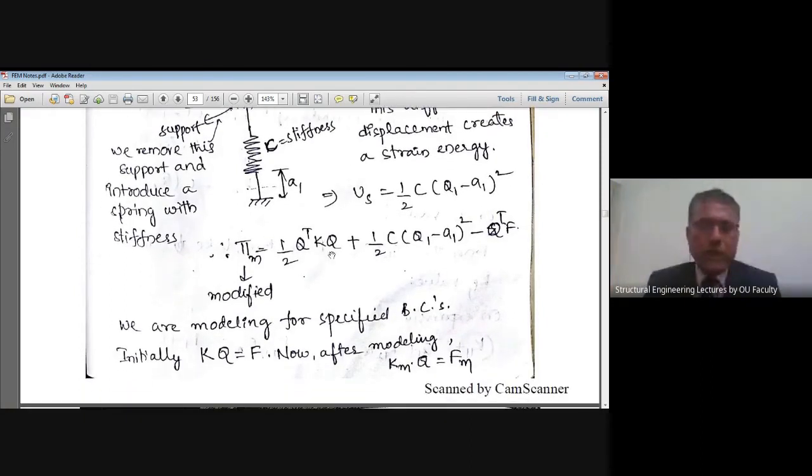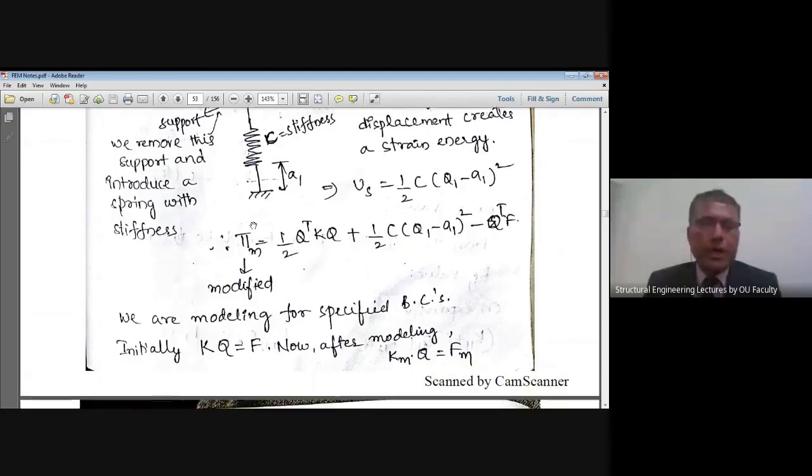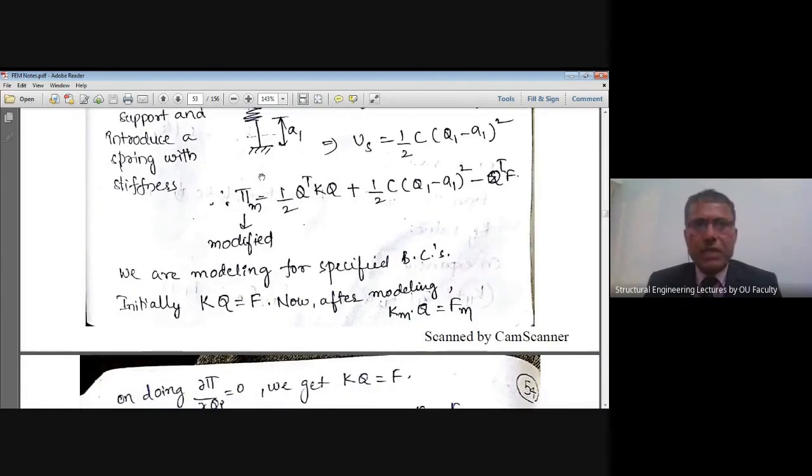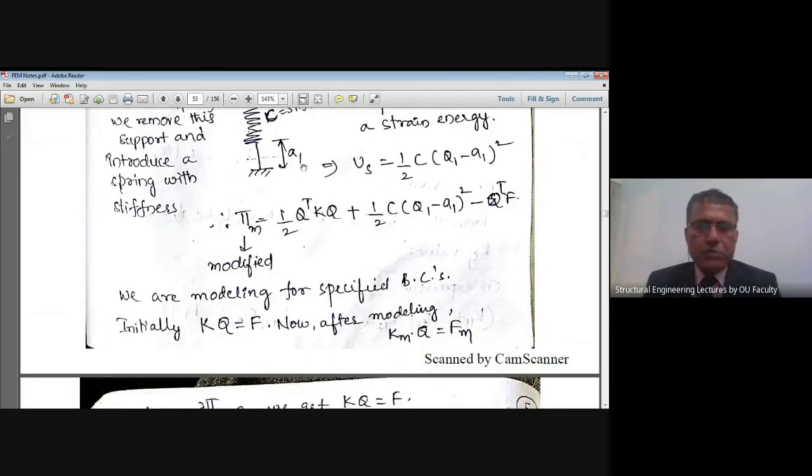Coming to the formulations using potential energy or strain energy concepts, we already know the total potential energy, notated by pi. Previously, it was only half Q transpose KQ minus Q transpose F, without any penalty.